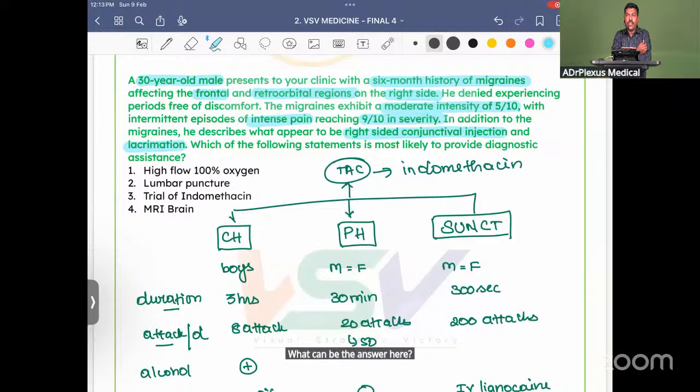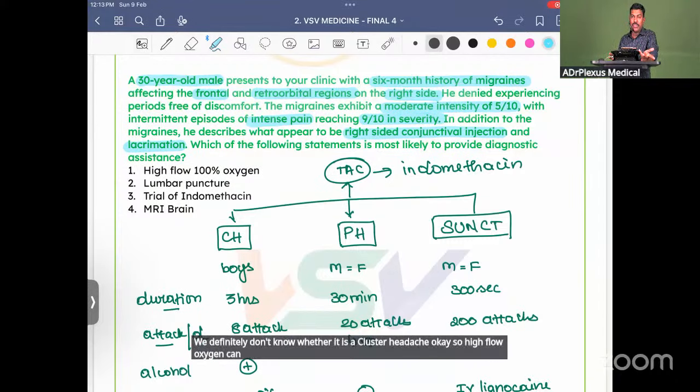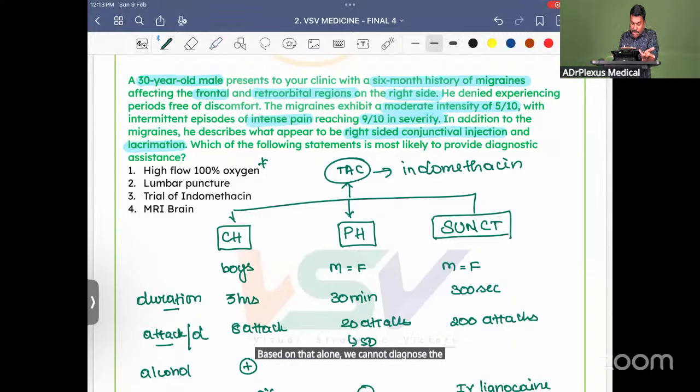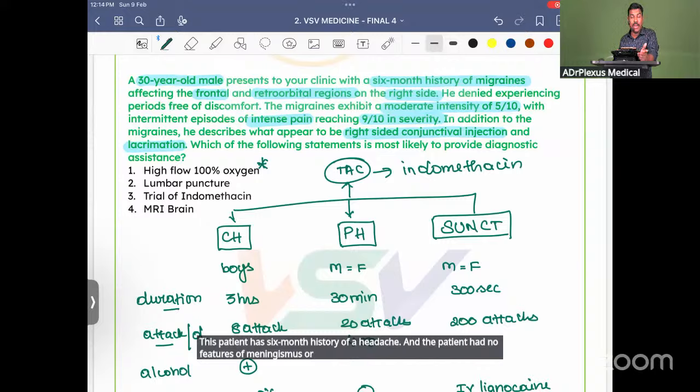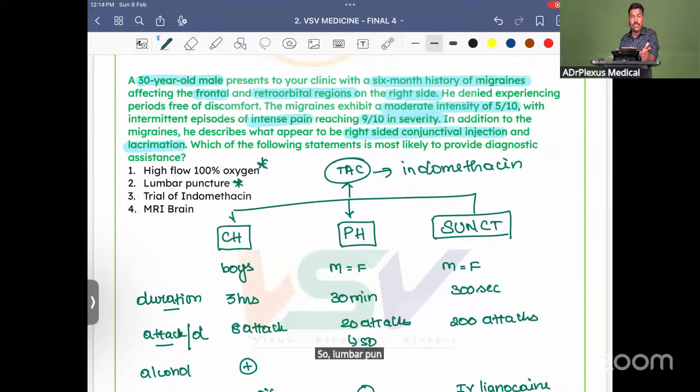Yes, we will try to rule out. High flow oxygen: we definitely don't know whether it is a cluster headache. High flow oxygen can give relief or cannot give relief; based on that alone, we cannot diagnose the disease. LP: this patient has a 6-month history of headache and no features of meningismus, neck rigidity or meningitis, so lumbar puncture is not useful.